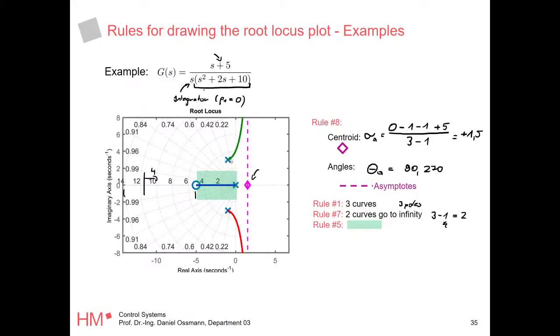So the only safe area is basically between here, and this pole here will end up being very close to the origin, making this system, if you just use a proportional controller, pretty slow. For this system, you immediately should think of something else, adding another zero, because another zero will drag these two guys to the left. Okay?